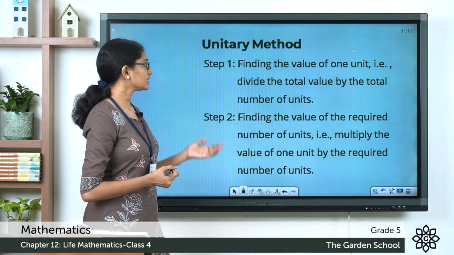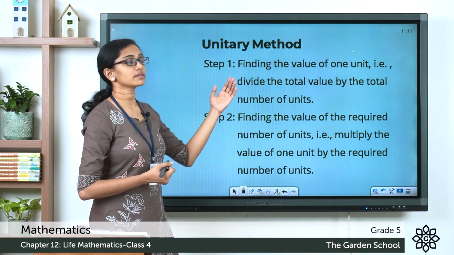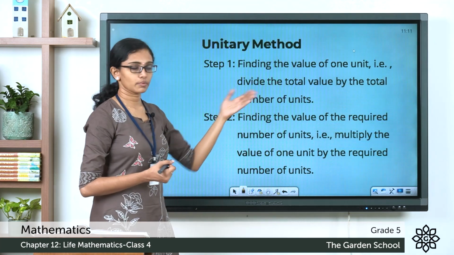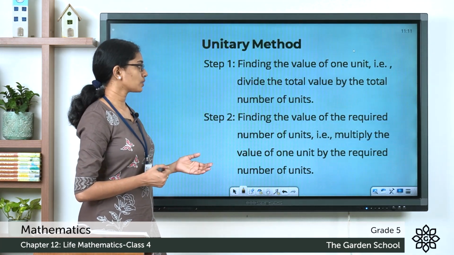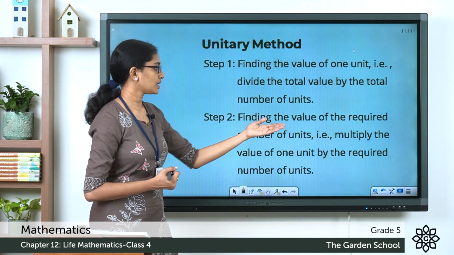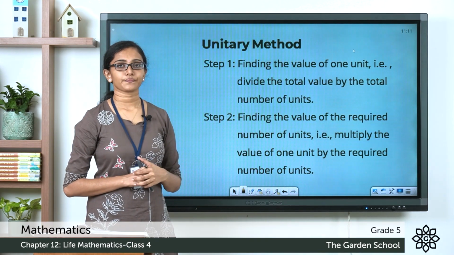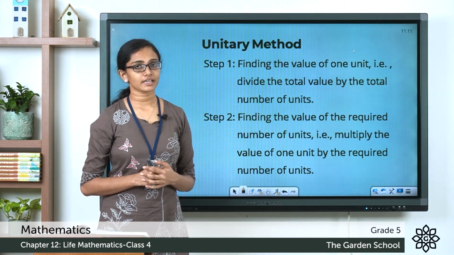So let's see that again. Step 1 is finding the value of 1 unit, that is divide the total value by the total number of units. And then step 2 is finding the value of the required number of units, that is multiply the value of 1 unit by the required number of units. So I hope this method is clear to you.